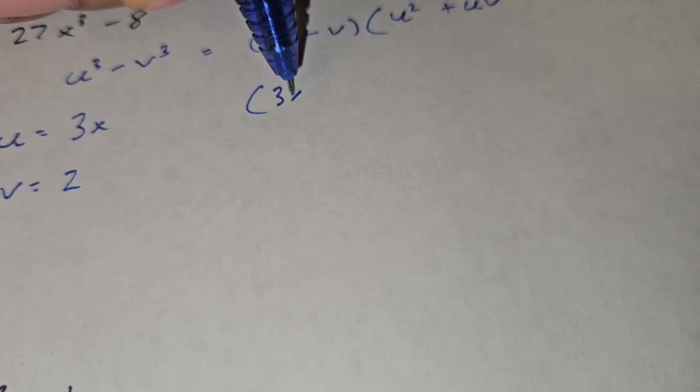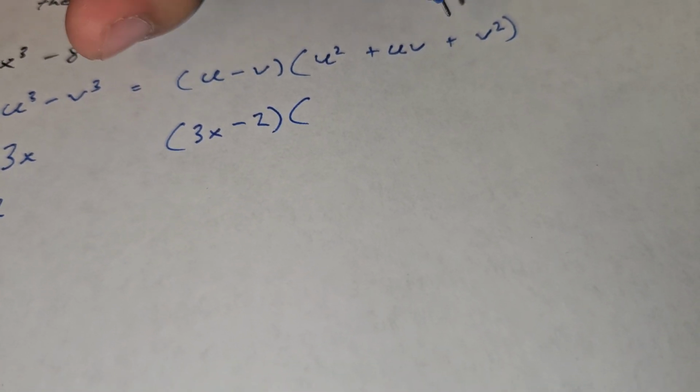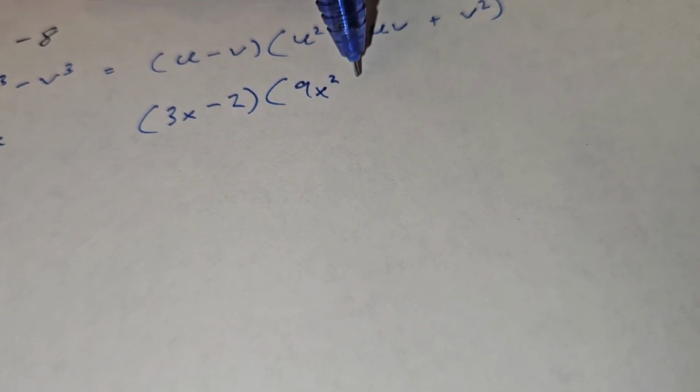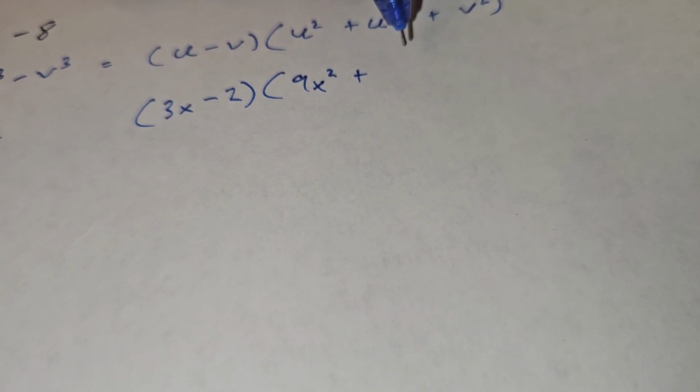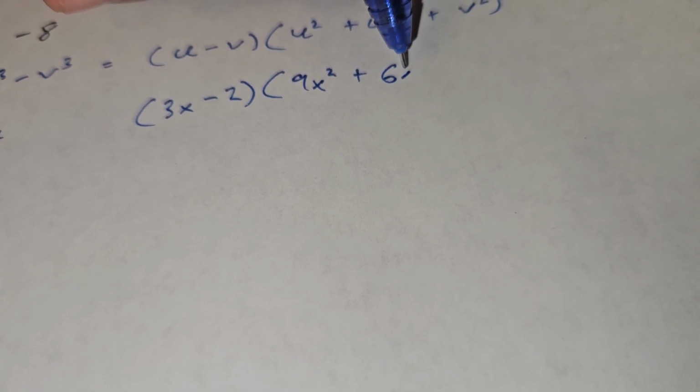So we have u, which is 3x, minus v, which is 2. u squared, which is 3x raised to the second power, that's 9x squared, right? Plus u times v, 2 times 3x is going to give us 6x.